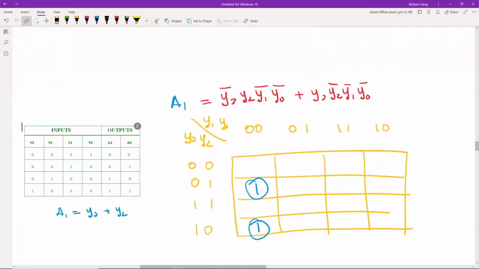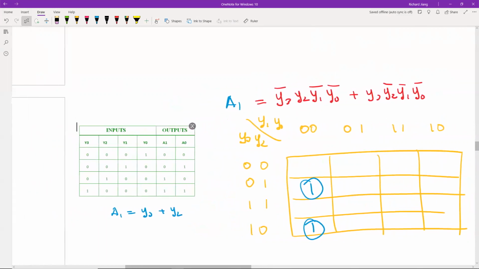Yeah, so this expression is saying that if Y3 is ever equal to a 1, or if Y2 is ever equal to a 1, then A1 is going to be asserted. I think that's a good choice. And I think that it's true. And I realize why the K-map didn't give us the same answer.